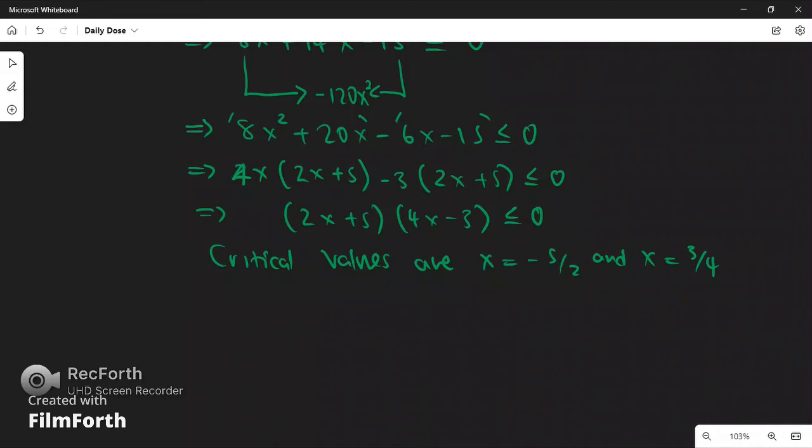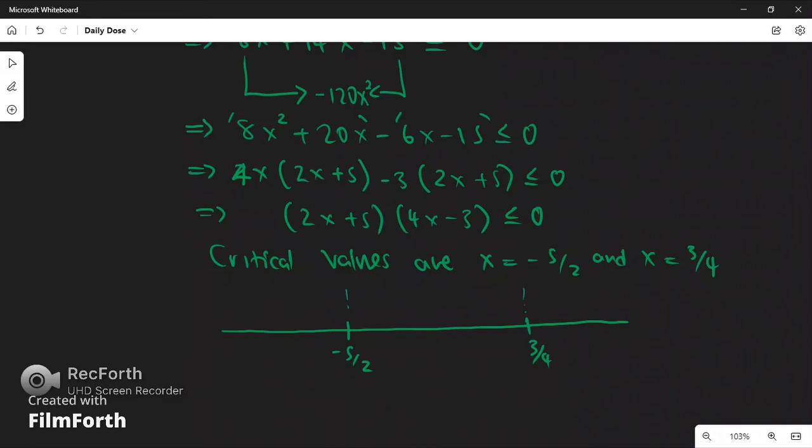You see that? So when you have these critical values, we know now that one of the techniques to finish up is to draw a number line and represent these critical values on a number line, which is -5/2 and 3/4, like that. When you represent these critical values on a number line, they tend to create 3 different regions.